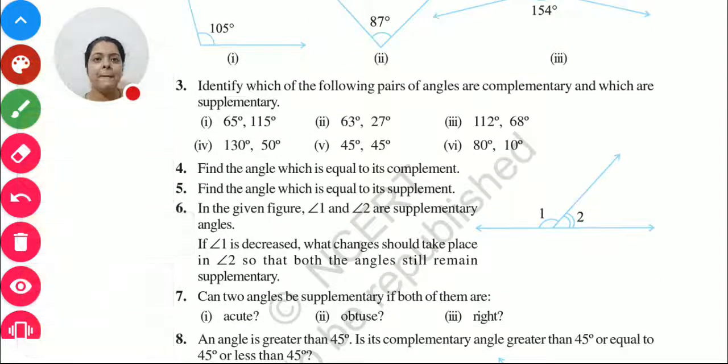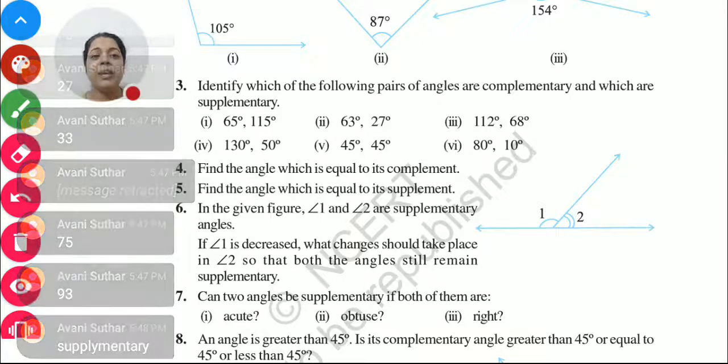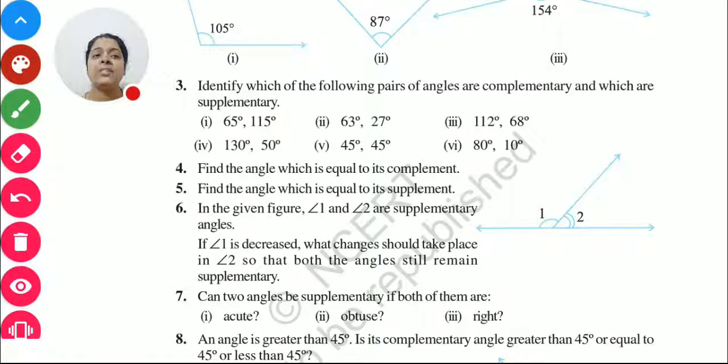Number 4, find the angle which is equal to its complement. Just think. Equal to its complement means both of them are equal. Whenever we talk about complement, it is 90 degrees.